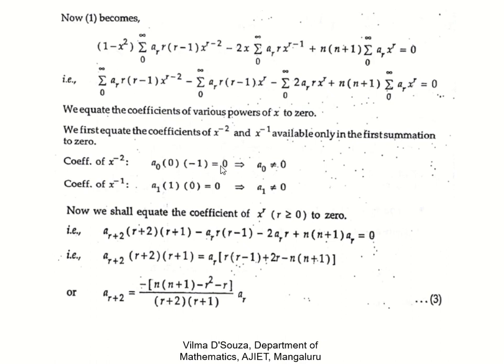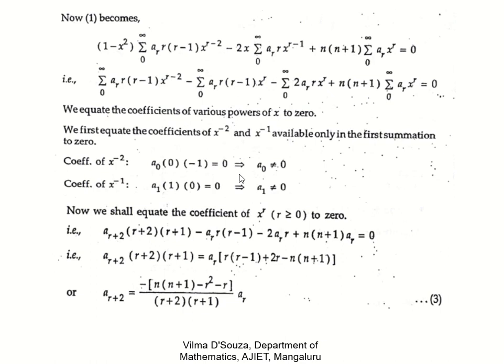So a naught is arbitrary, not equal to 0. Similarly, when r equal to 1, a1 into 1 into 0 is equal to 0, so a1 into 0 is 0. That means a1 is also arbitrary.